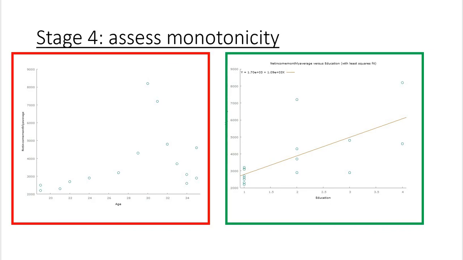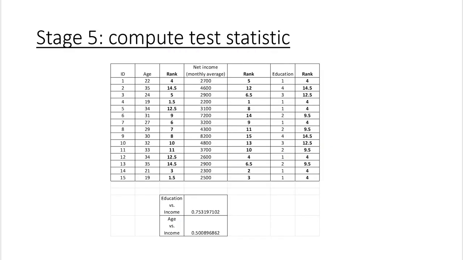So yeah, Spearman correlation coefficient seems to be a safer option, just like non-parametric test is a safer option compared to parametric test. So that's why finally we compute Spearman correlation coefficients based on the ranks we have defined.